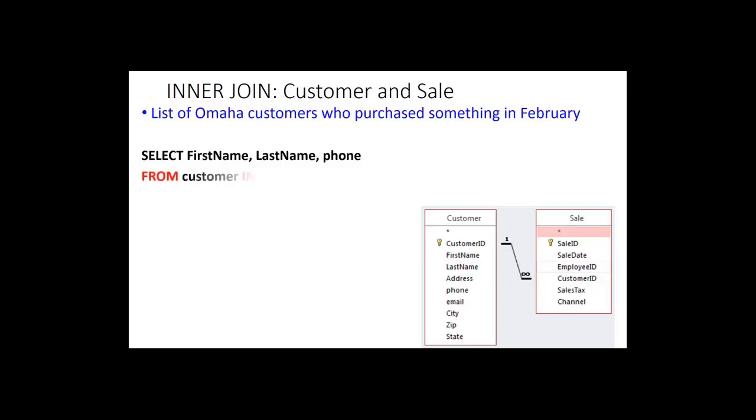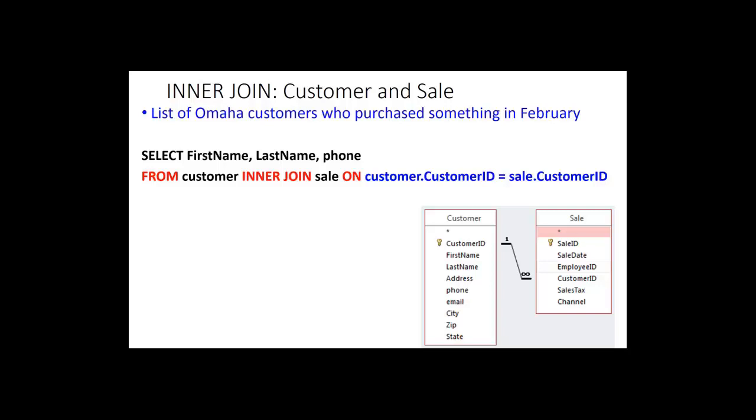After select, we need to join these two tables, and this is how we join them. From, well, we need a list of tables, customer and sale: customer inner join sale on customer ID from both sides. So this is the typical syntax of inner join.